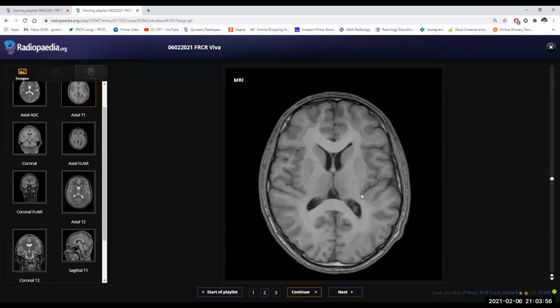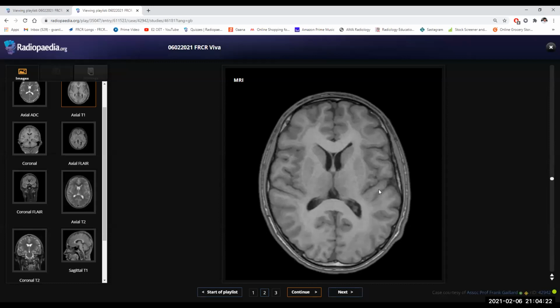Anything else apart from the ependymal region? Yes, we should be looking at the white matter throughout. I think this area might be the heterotopia of the gray matter. If I'm not mistaken, that is the only thing I can look for.